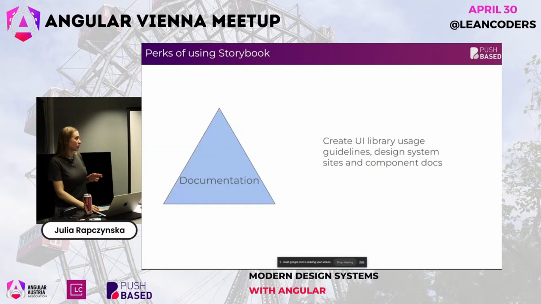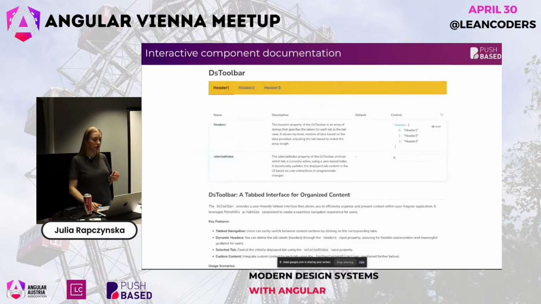And the last piece, when it comes to the trifecta of Storybook: we all like to go to well-written documentation of well-known design systems like Angular Material or PrimeNG, and we can see how the API looks there, what the different states of the component are, what the different variants, sizes, and so on are. So Storybook will also work here as a single source of truth when it comes to the docs.